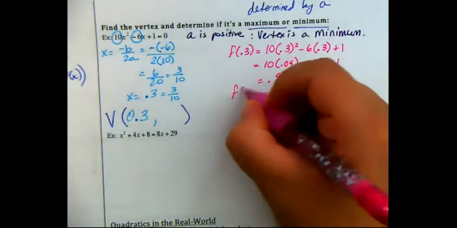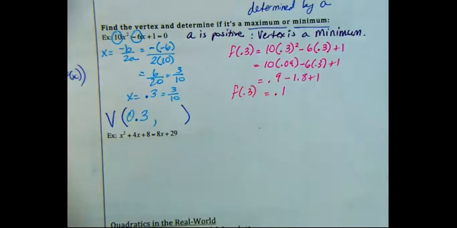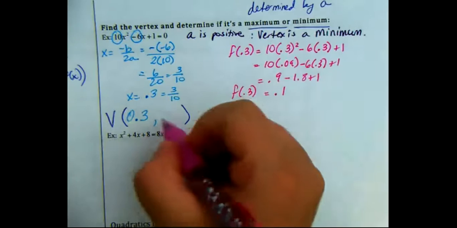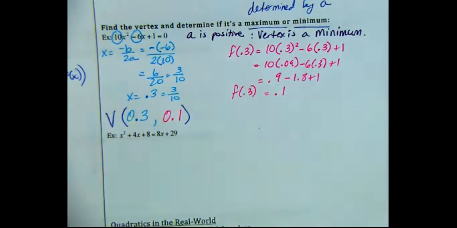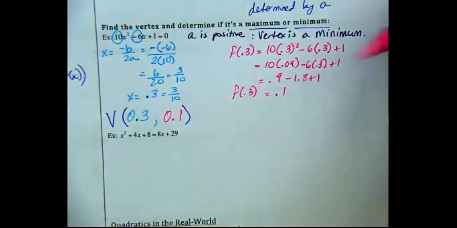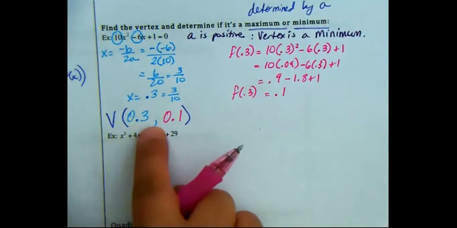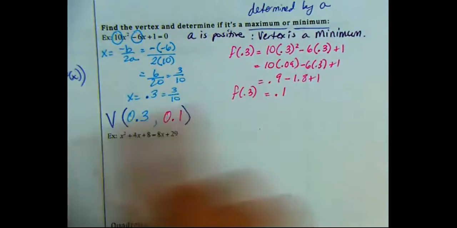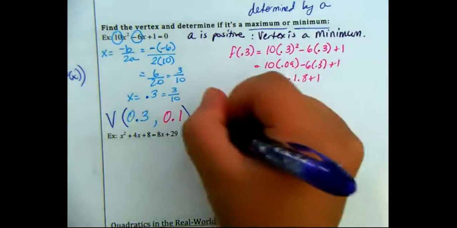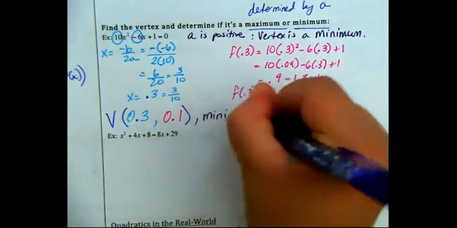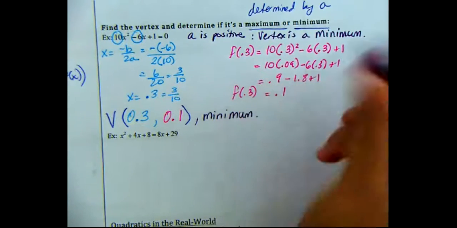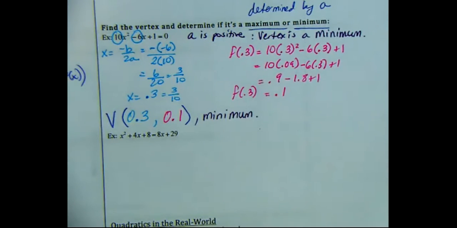So f of 0.3 is equal to 0.1. So our vertex here is 0.3 comma 0.1, and it is a minimum. Okay.